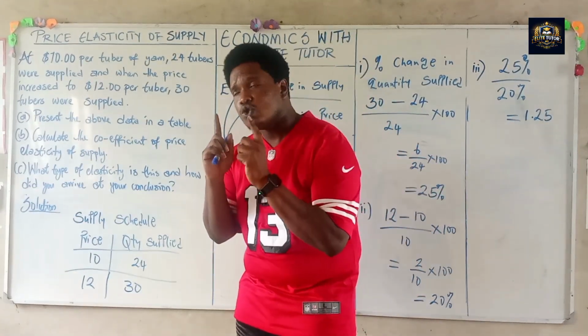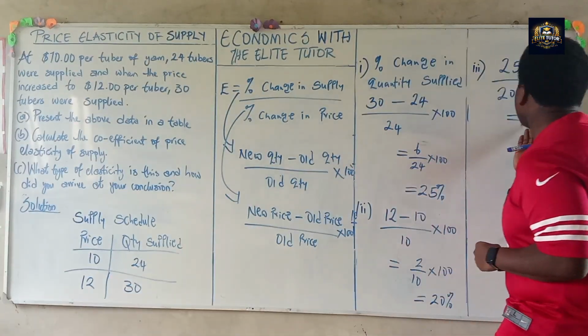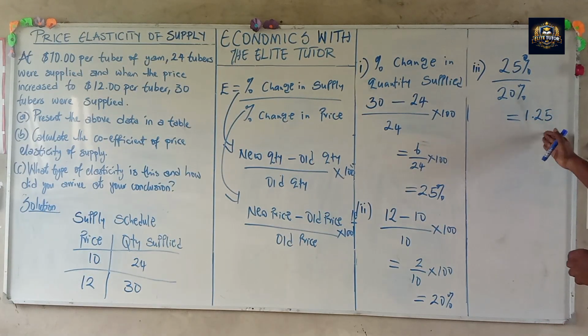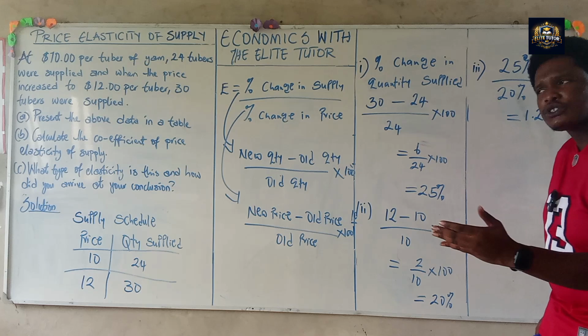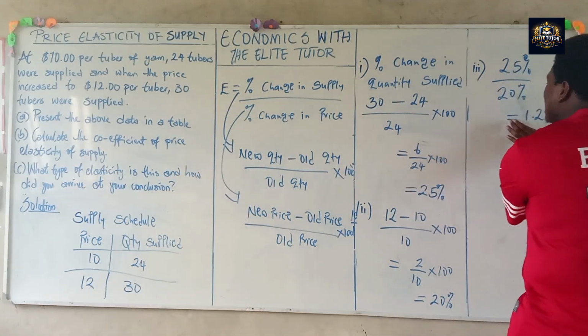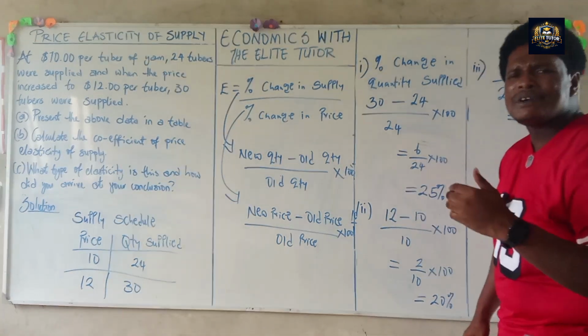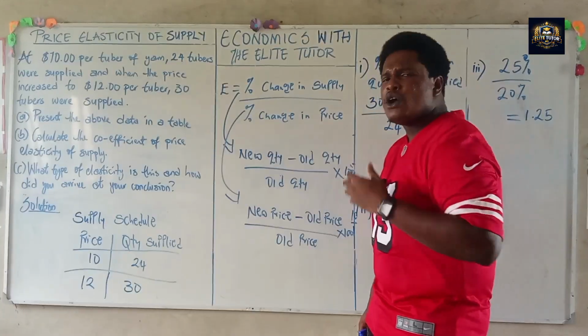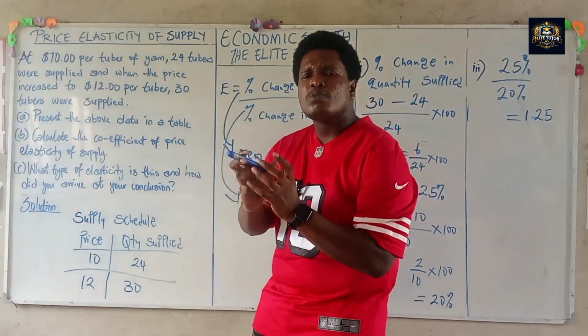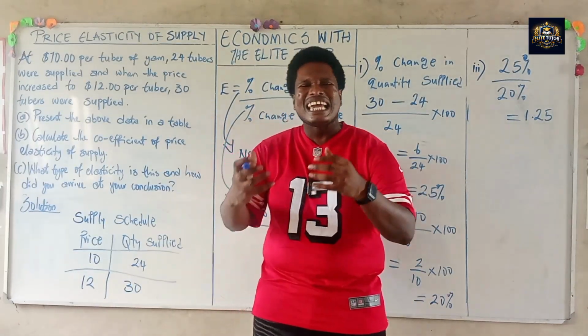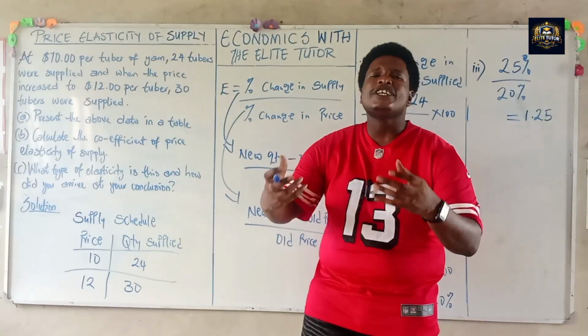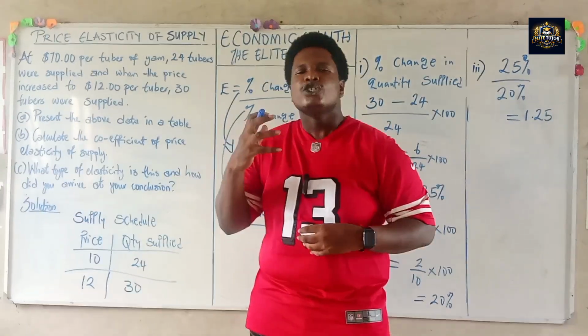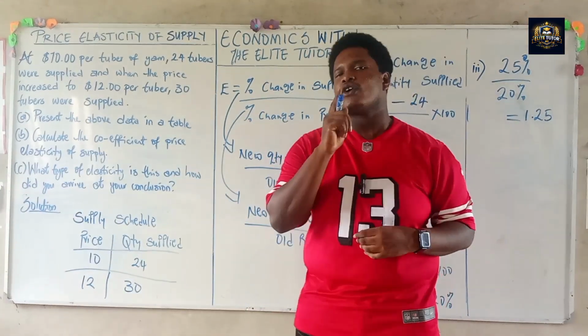Now, we have 1.25, which is greater than 1. This gives us that our supply is elastic. And when we say elastic supply, we are simply saying when a small change in price leads to a large change in the quantity supplied of a commodity.